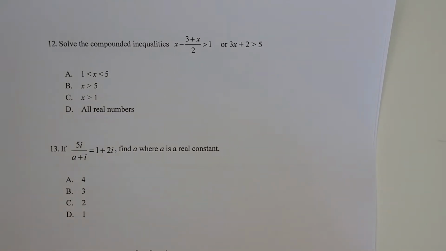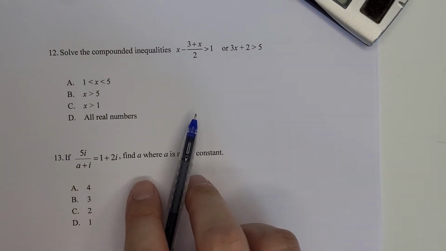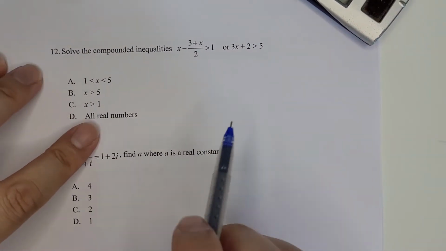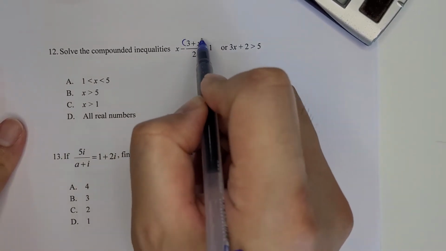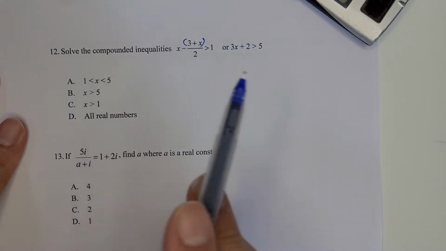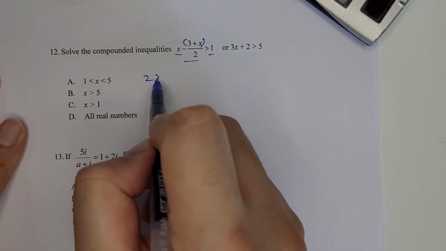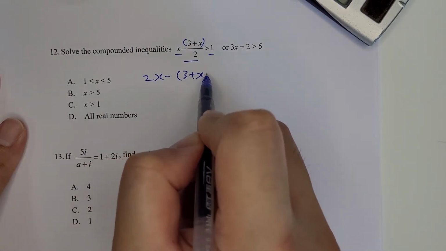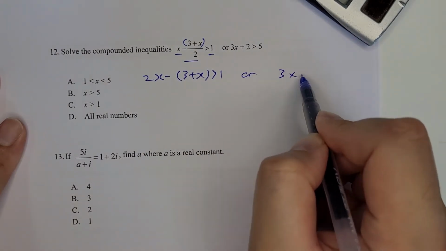Okay, solve the compound inequalities. The first one: x minus the bracket 3 plus x over 2 is greater than 1. Give the bracket to it first, okay? Because there is more than one term in the numerator. All terms multiply by 2. So 2x minus bracket 3 plus x greater than 1, or 3x greater than 3.